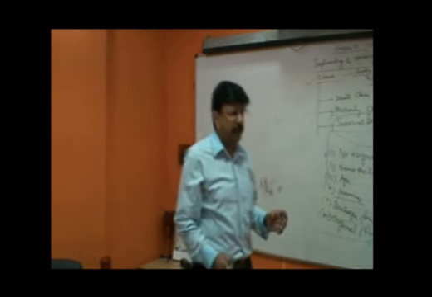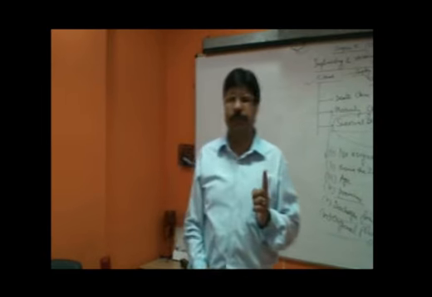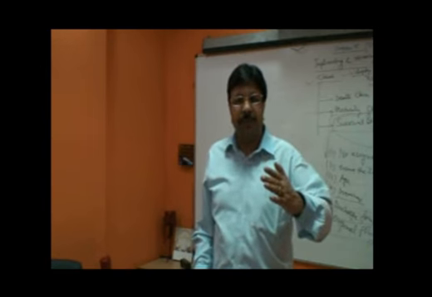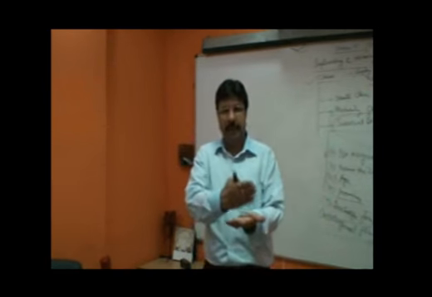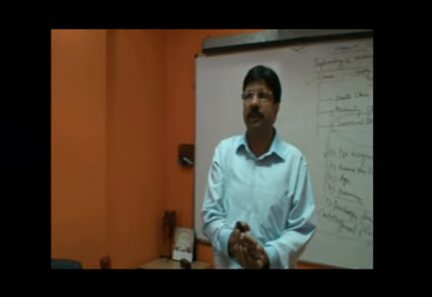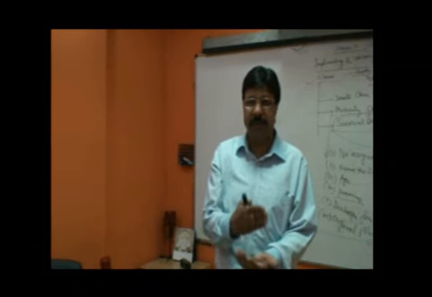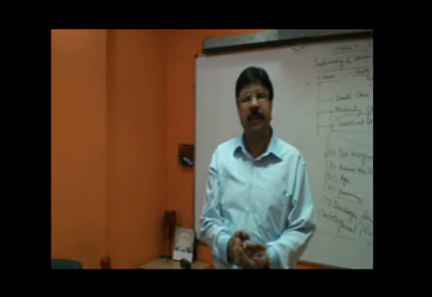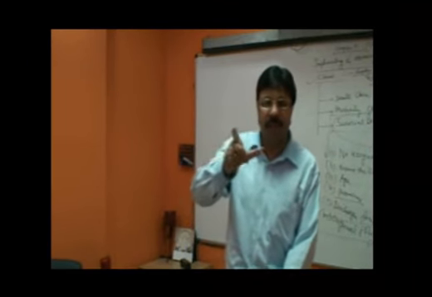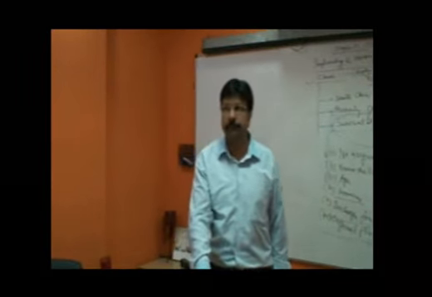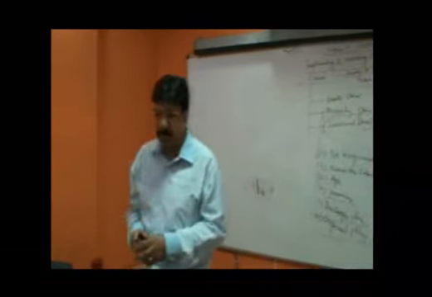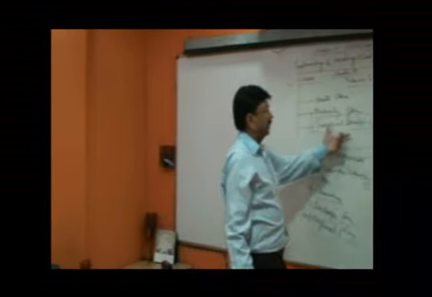In that case, the precondition for paying the survival benefit is that on the date on which the survival benefit becomes due, the life assured should be alive on that date. If the life assured is alive on that date, that means he is liable to get the survival benefit. But he died before receiving it. So in that case, the survival benefit would be paid to the legal heirs of the person. It won't be given to the nominee of the life assured. So this was about the survival benefit claim.